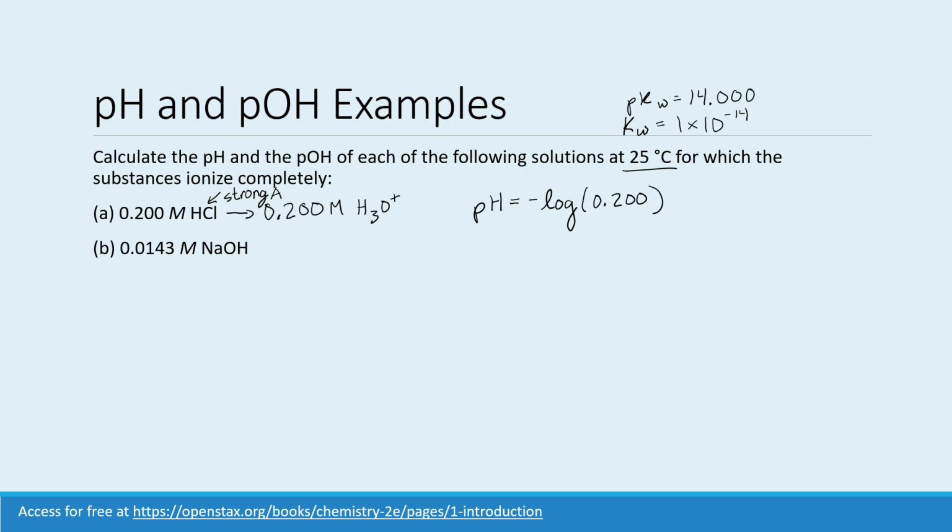Okay, and we're going to ignore units because pH does not have a unit. So when we're looking at sig figs for logs, I know we have looked at logs before, but I want to write this down again.